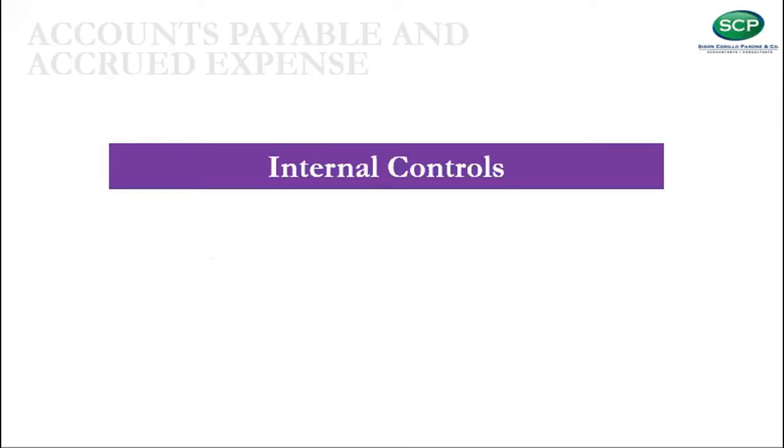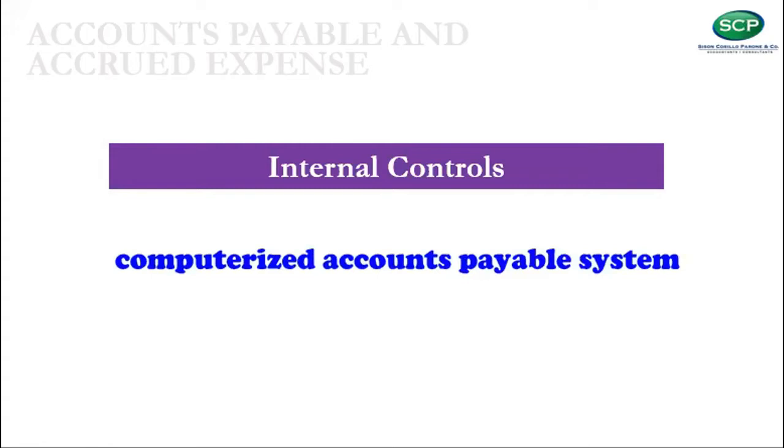So as you can imagine, performing all the tasks and controls we just discussed could be tedious, prone to human error, and even costly if done manually. Accordingly, for efficiency purposes and to reduce errors in manually recording suppliers' invoices, it is best for companies to use a computerized accounts payable system that can host all accounts payable documents and can perform tasks such as matching invoice data with account codes.